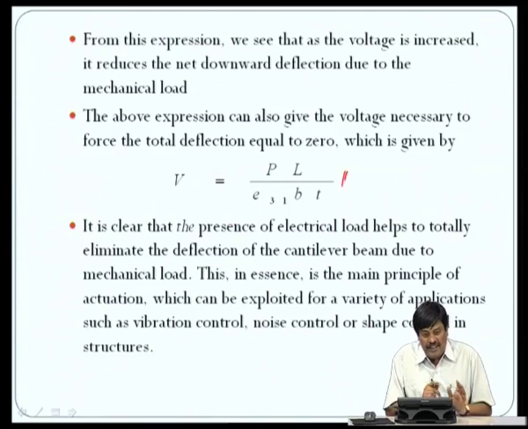So it is very clear that the presence of electrical load can totally eliminate the deflection in a cantilever beam due to the mechanical load. This in essence is the main principle of actuation, which can be exploited in a variety of applications, as I talked about before.